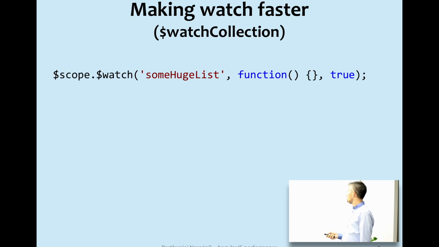So, how does the watch work? It has some expression to work on. There is a function to call, and by default it just compares the first element by reference. So if the value is changed, the function is called.